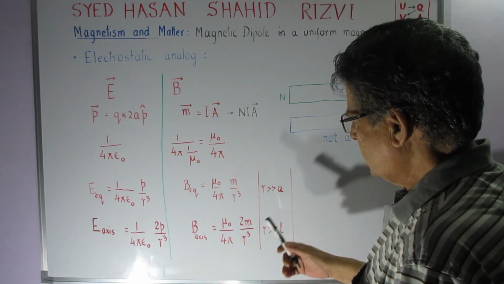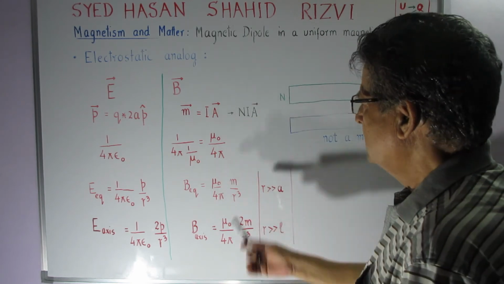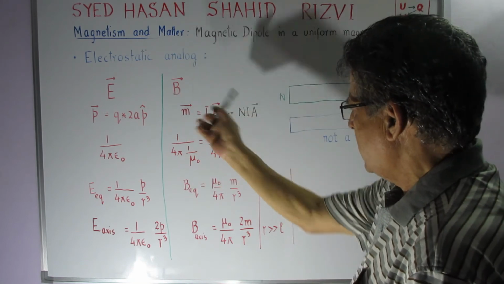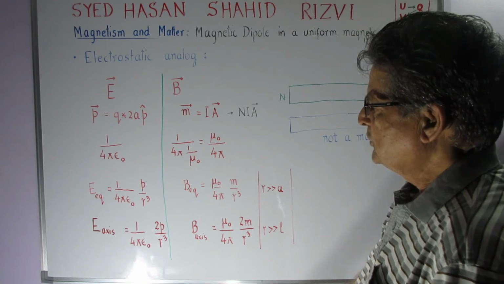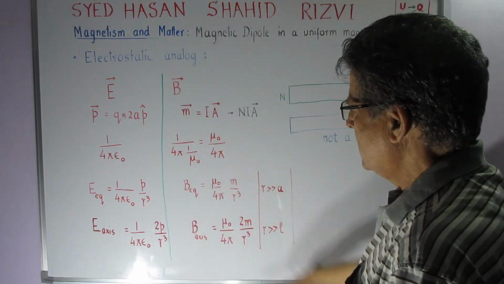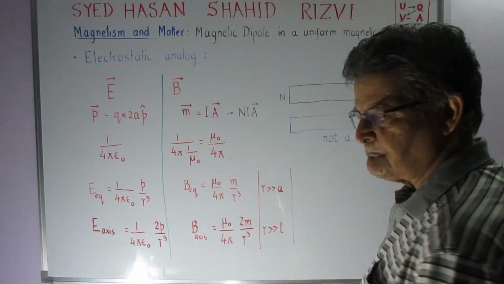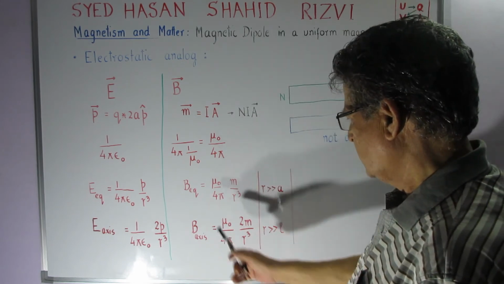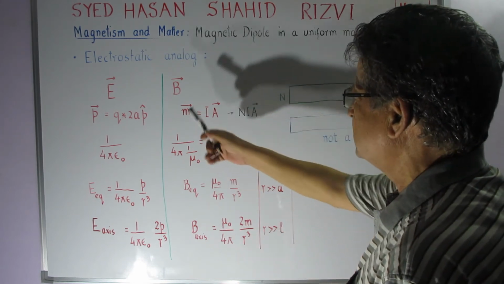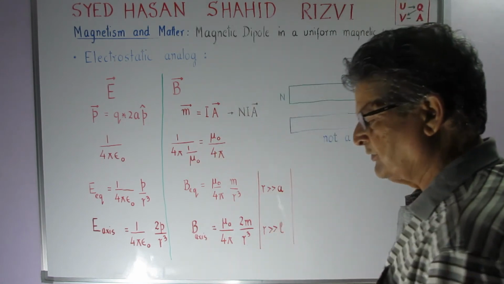So there is a kind of analogous position between the electrostatic dipole and the magnetic dipole vector. Please bear in mind and make the comparisons, and you can write the various units if you like.